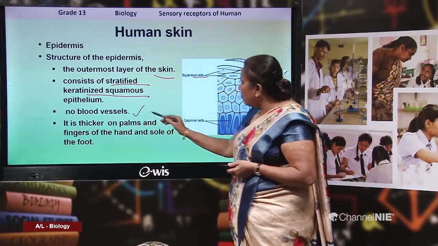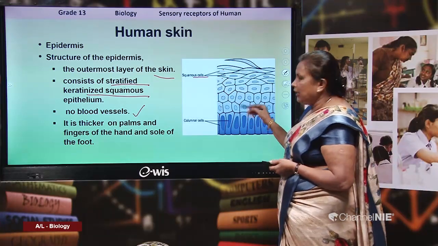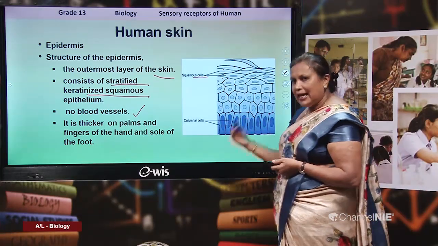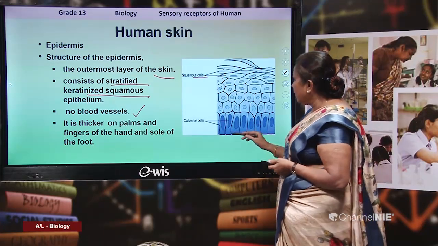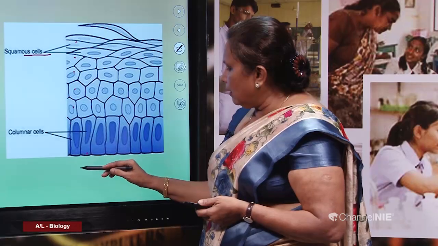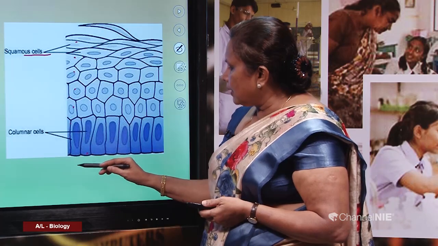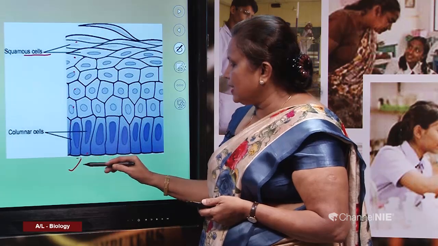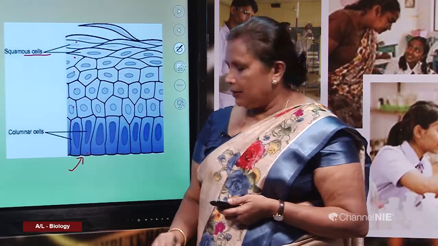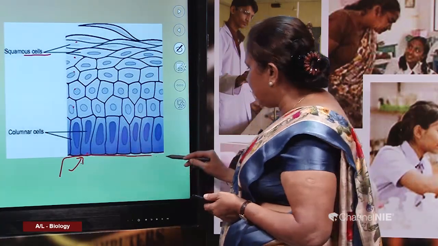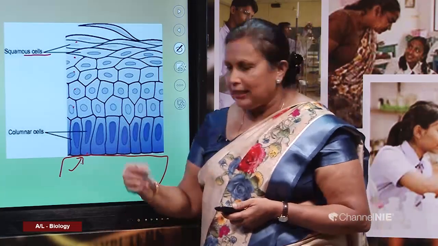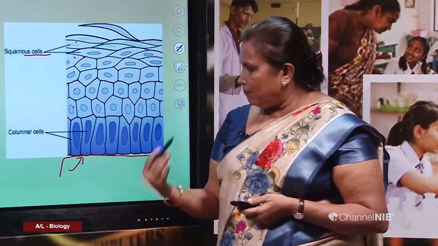And there's no blood supply to the epidermis, but the cells get nutrients and oxygen sent through the blood vessels in the dermis. The dermis is present below this and contains blood vessels.